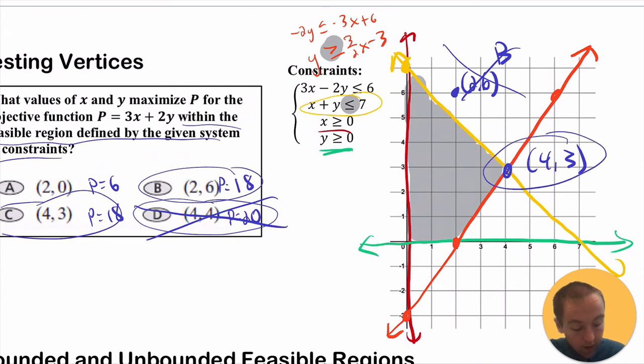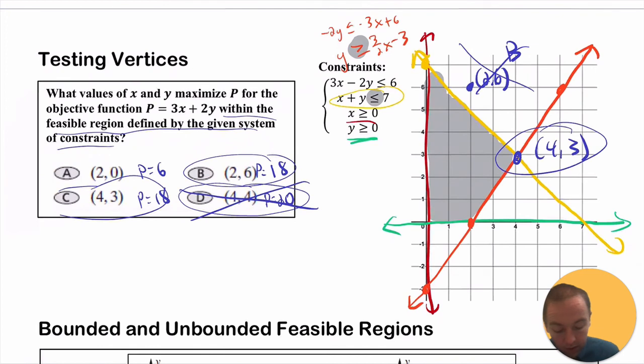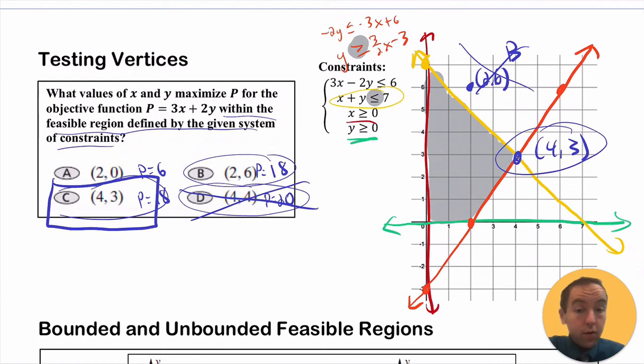But you'll notice that (4,3) is within the feasible region, and of course it's also at a corner point, and we know that corner points are going to be able to also maximize. And so it turns out that the correct answer should actually be option C, to maximize that profit function P, but then also still be within the feasible region.